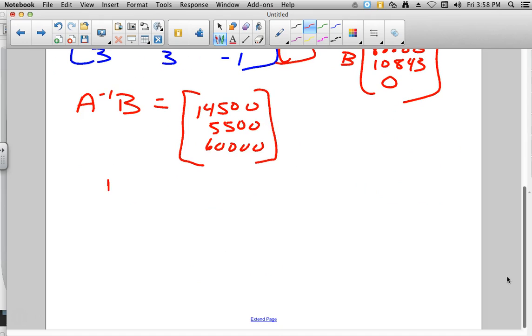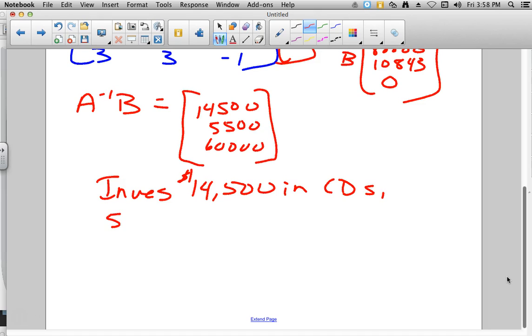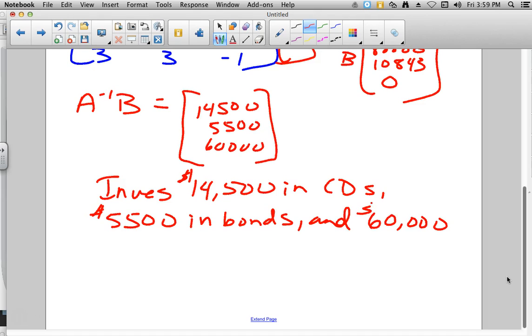So invest $14,500 in CDs, $5,500 in bonds, and $60,000 in the growth fund.